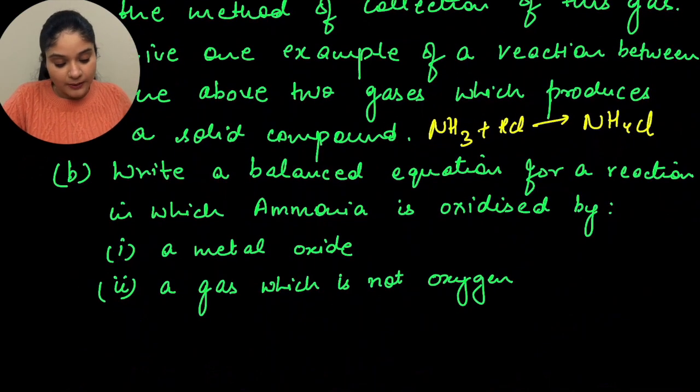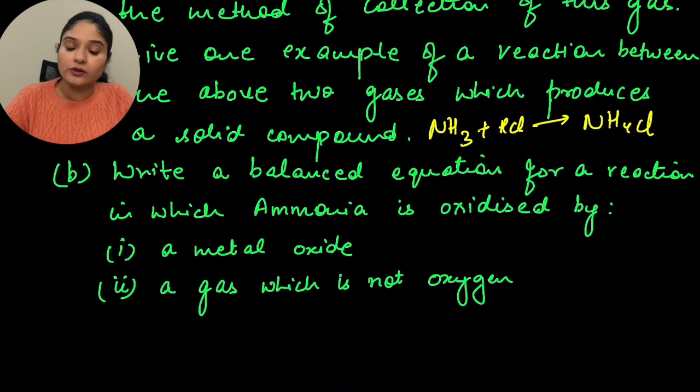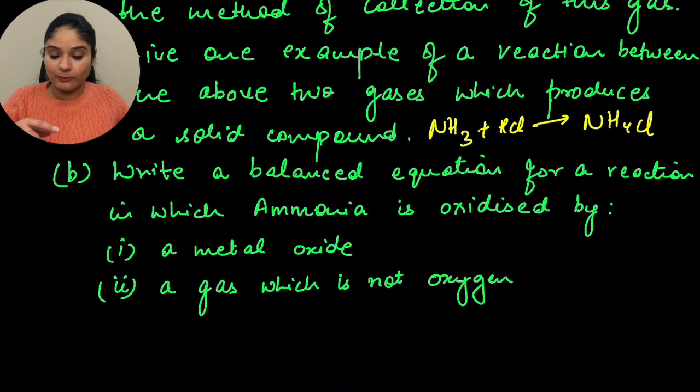It says, write a balanced equation for a reaction in which ammonia is oxidized by a metal oxide. So you can use any metal oxide, you can use lead oxide, you can use copper oxide, and both of them would work. And the second one is a gas which is not oxygen. So ammonia is also oxidized by chlorine. So I'm going to write both of them here.